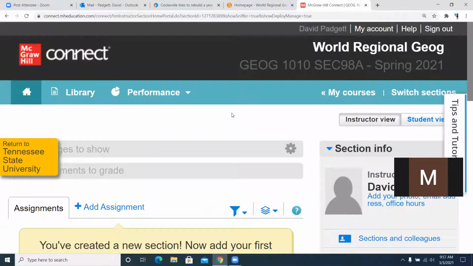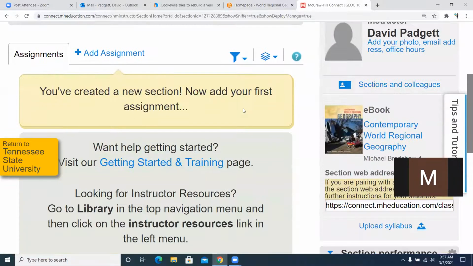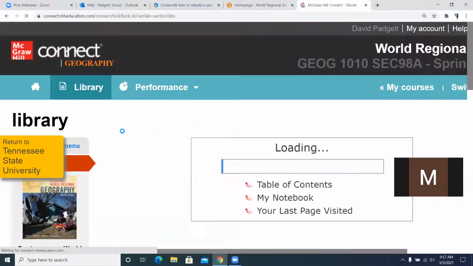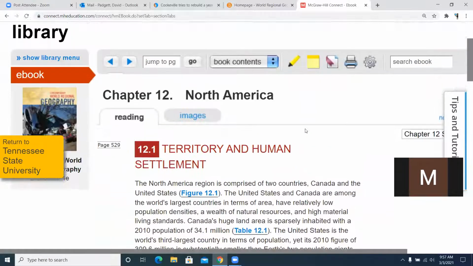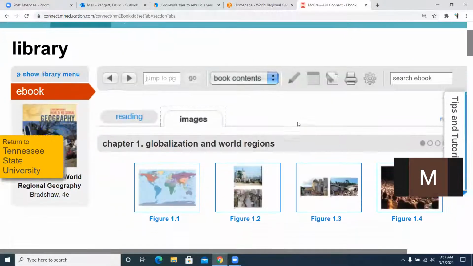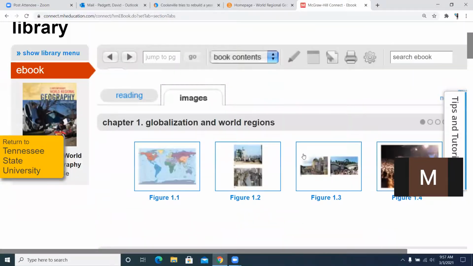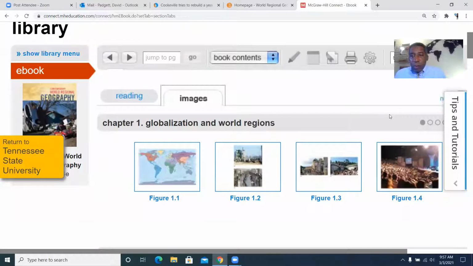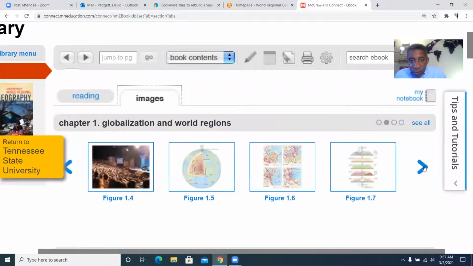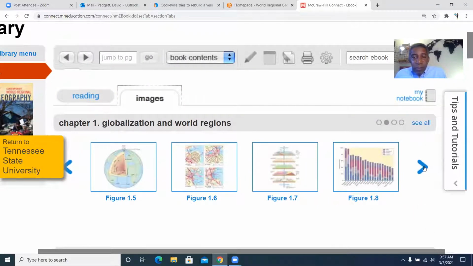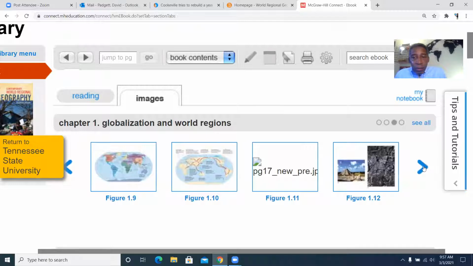Okay, so I'm going to go to textbook and go to images. Let me see, this image is somewhere in chapter 1, at the tectonic plate boundaries. Let's see, what was that?